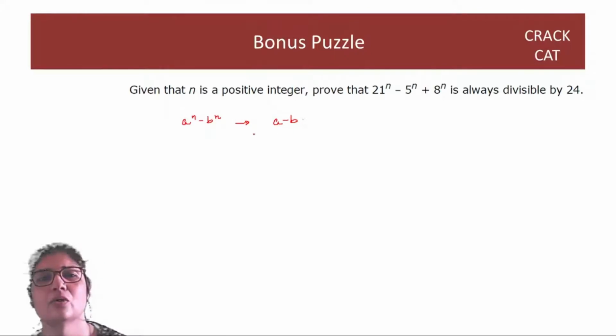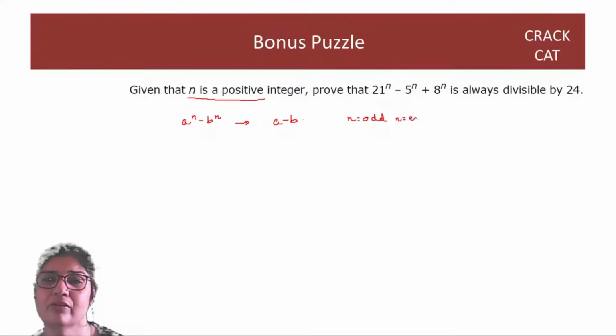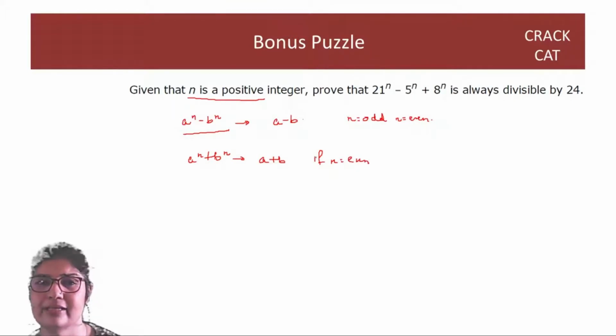If n is any positive integer, which means that n can be odd and n can be even, then the only thing I can trust is a raised to n minus b raised to n, because a raised to n plus b raised to n is divisible by a plus b only if n is even. So I can't work with this, it has to be true for any n. So we can only work with this.